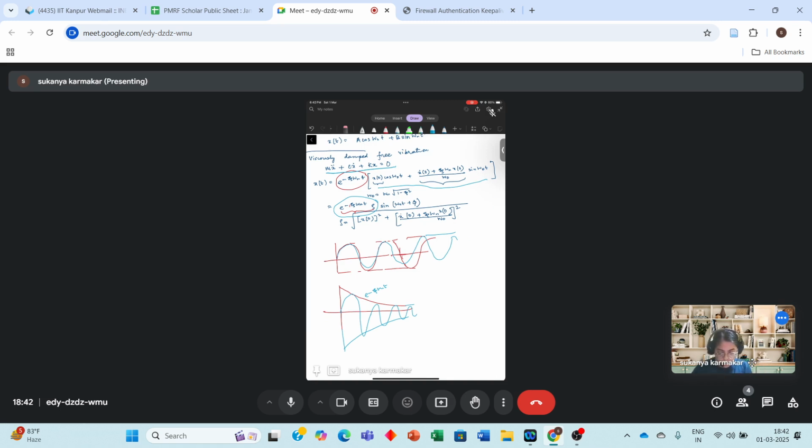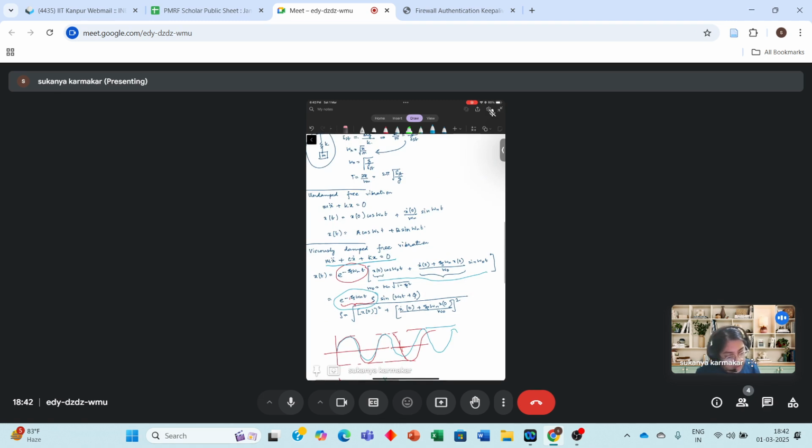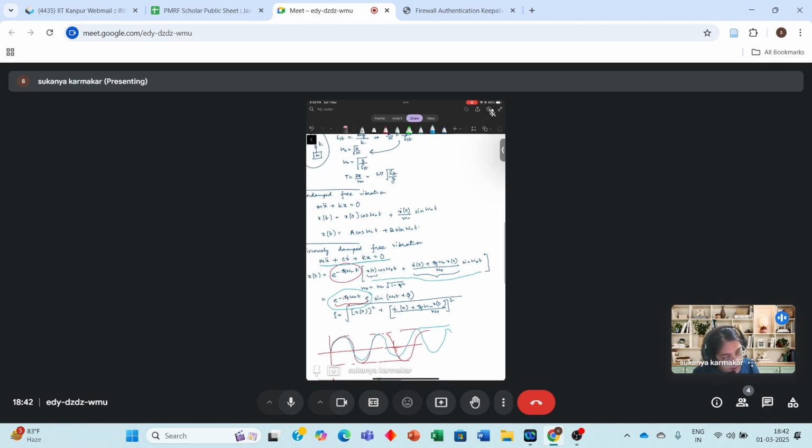I still have confusion about the term rho that you have written. Yes, this is similar to what we were discussing here. In this case, how did we write the amplitude? It was the square root of x0 squared plus x dot 0 by omega n, whole squared.